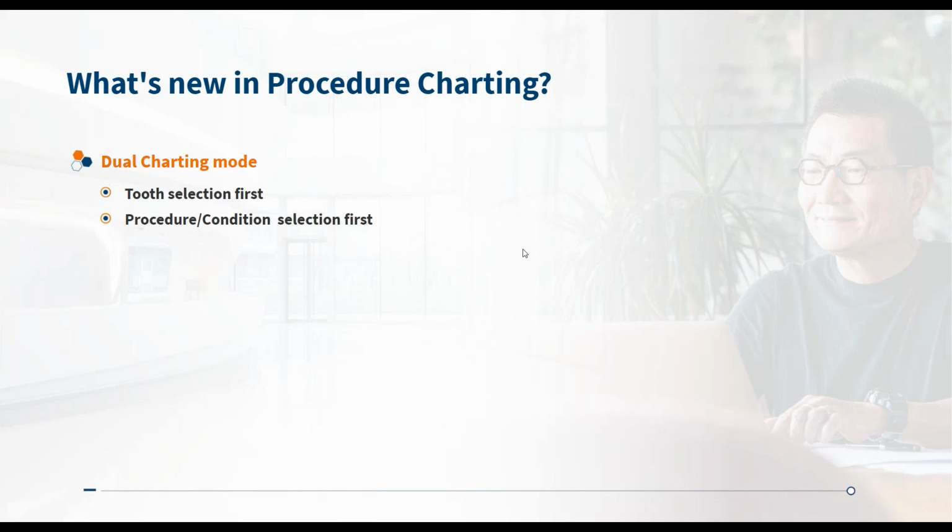But with the latest version of IMS, what you can also do is select the procedure and apply it to every tooth that you're going to perform that procedure on. That's the latest addition to our procedure charting, which basically enables dual charting.